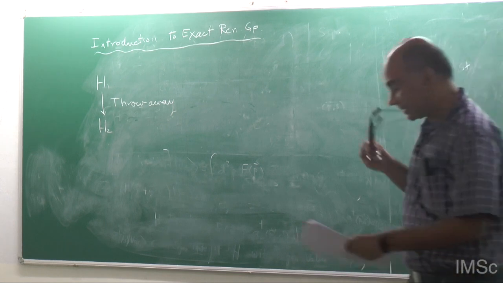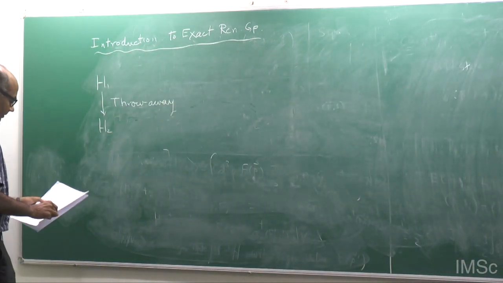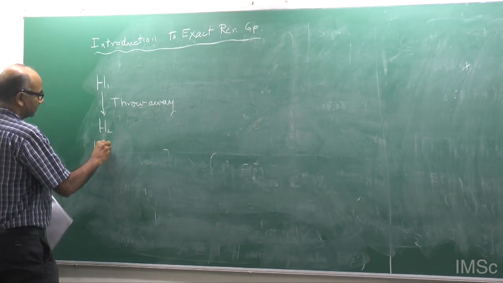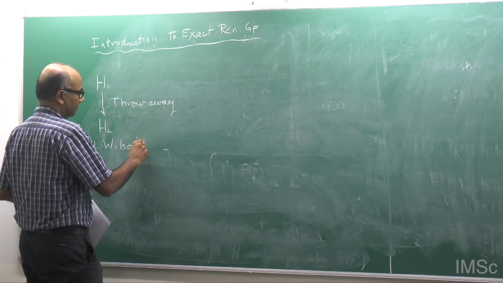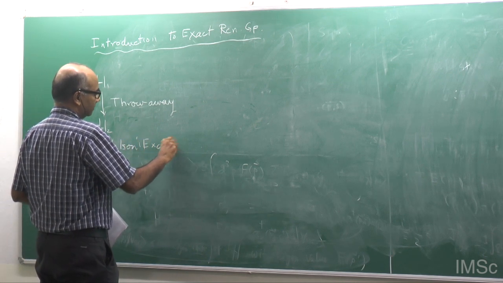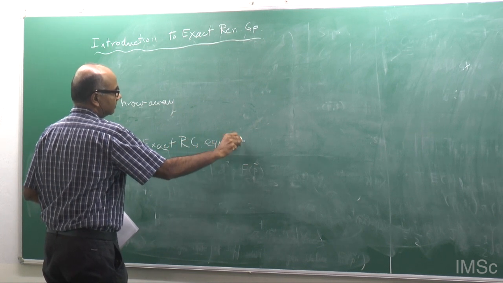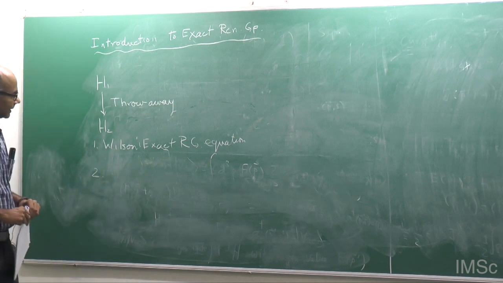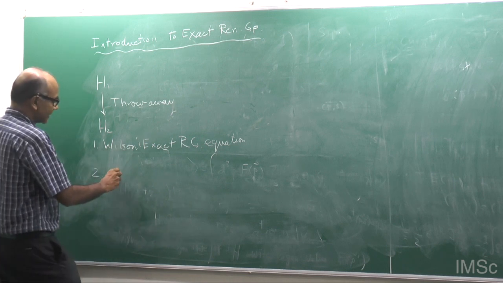Okay. So let me write down a few points. So well, maybe I should just list the main topics that are going to be covered. One is, this is the equation that Wilson wrote down. The second thing is a different version of this, more suited for perturbation theory.